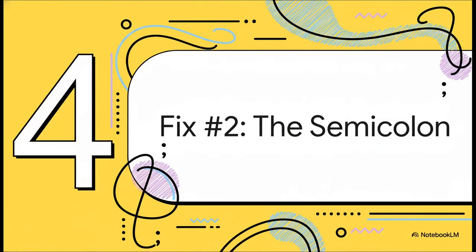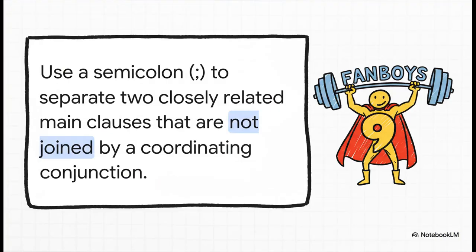Okay, our second tool is a little more elegant, maybe a bit more sophisticated, but it is just as powerful. And it's the semicolon. So here's the rule. A semicolon can do the job of a comma and a FANBOYS conjunction all by itself. It connects two main clauses, but it also gives the reader a little signal that the two ideas are really closely related. Think of it like a super comma.